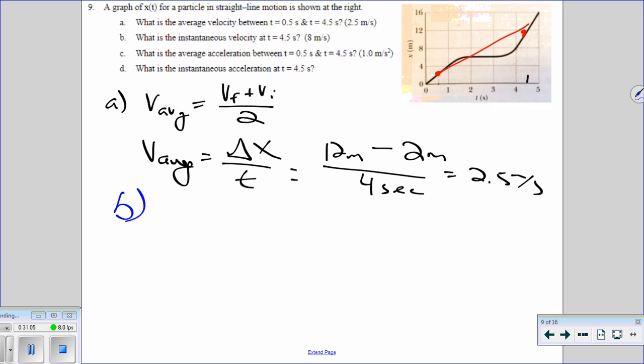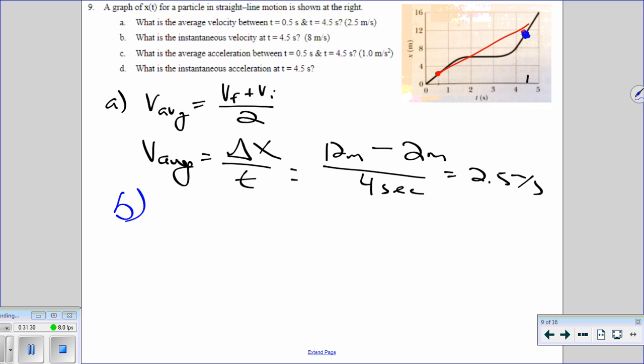Part B says, what's the instantaneous velocity? Notice we're not asking for average velocity anymore. What's the instantaneous velocity at this moment? Thoughts? Well, at that point, we can assume it's linear. Why? Because it looks straight, right? So why does that matter?